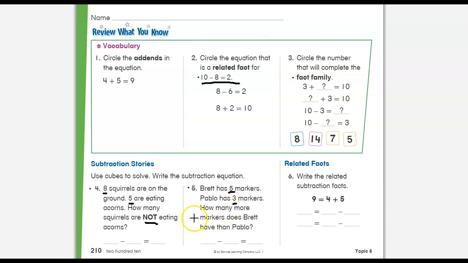It says, how many more markers does Brett have than Pablo. So we need to use our information from our story to subtract and solve. So we have the numbers 5 and 3. We want to know how many more markers does Brett have than Pablo.